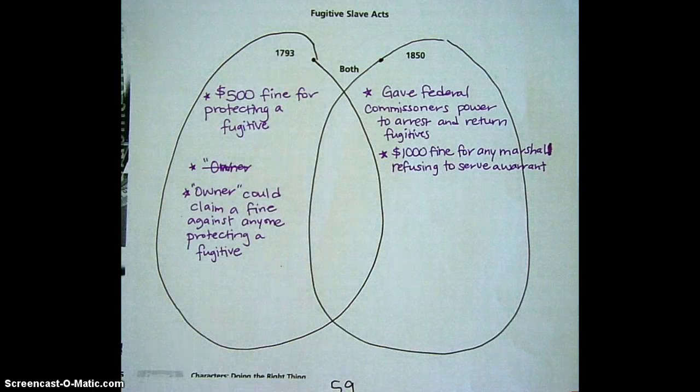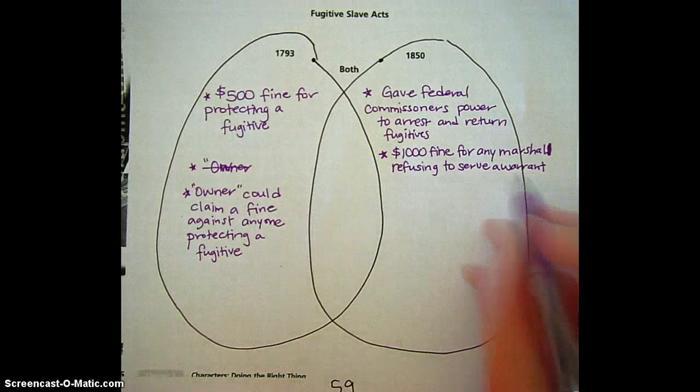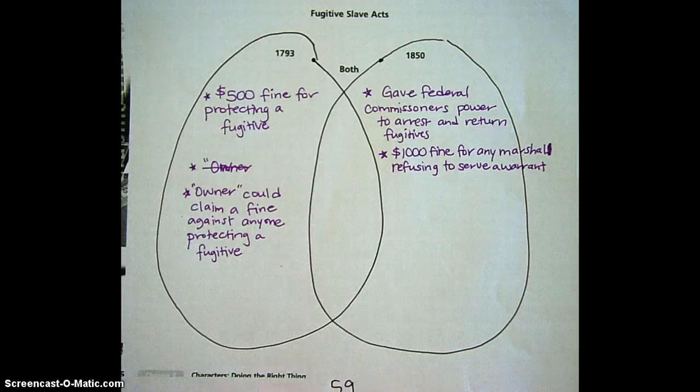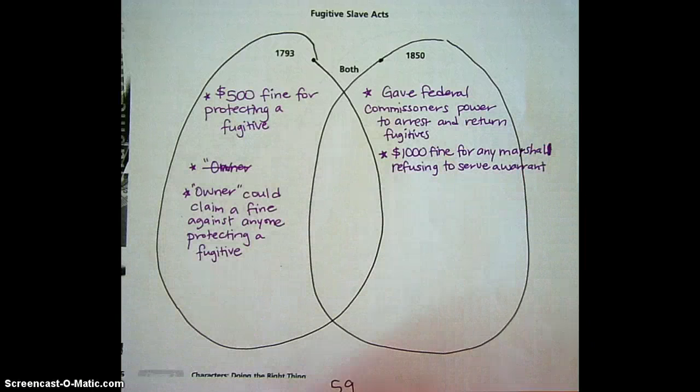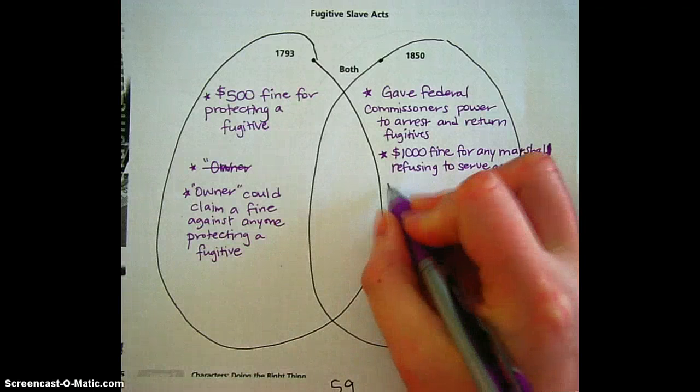You needed a warrant in order to make an arrest or to search a home, things like that. So the court needed to tell you that you would be able to do something. And so if a marshal or police officer basically refused to serve a warrant, refused to arrest somebody, then they would have to pay a $1,000 fine.